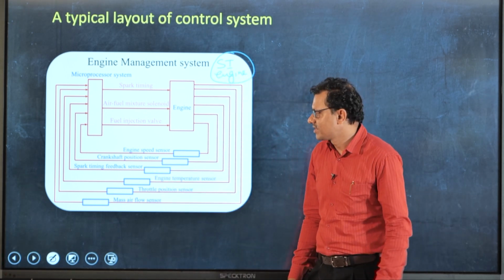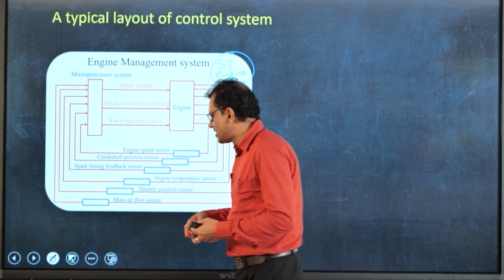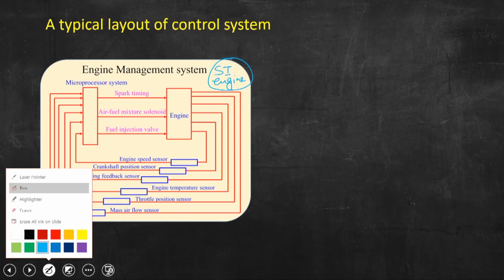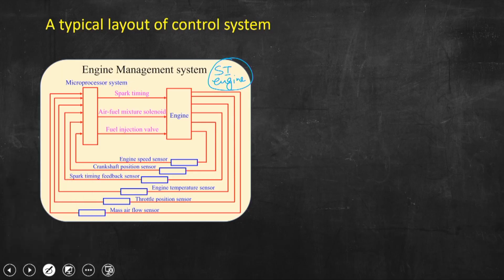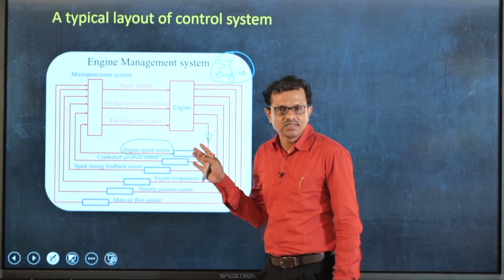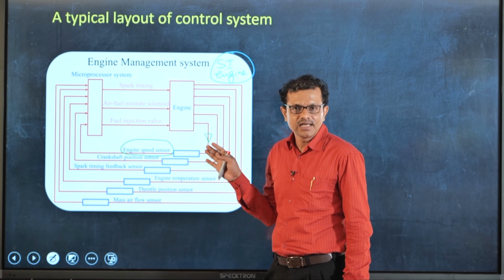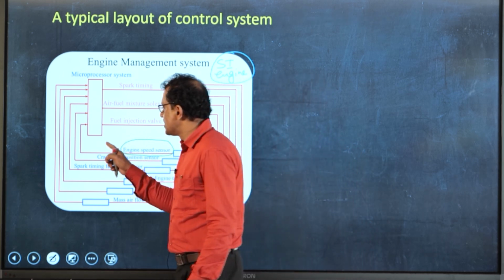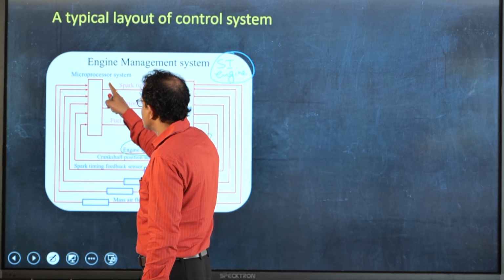So, what we can see from this particular diagram, that we have engine speed sensor. This sensor will receive some information about the speed of the engine, and receiving that information the sensor will provide some output. As I said, output is always an electrical signal, and that will directly go to the microprocessor system.